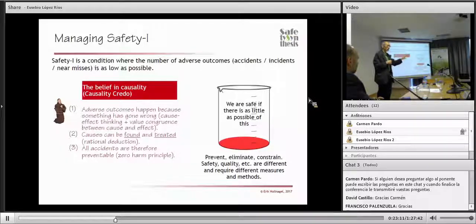If there are no accidents, that's why I've colored it red. If there are no accidents, no incidents, if we can get rid of everything that goes wrong, if we have 0 accidents, then we're safe. So we study the accidents and we try to understand them, we try to dissect them, we try to analyze them, and we try to remove them.